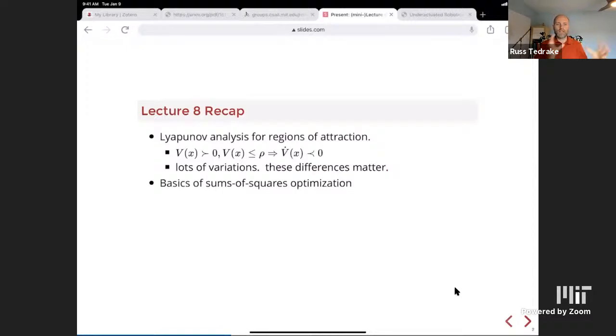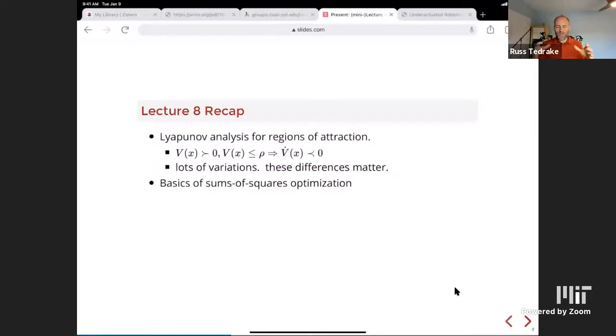Roughly in lecture 7, we were talking about global analysis with Lyapunov functions, and we developed the extra tools for regional analysis, region of attraction analysis, in lecture 8, and dug more into the sums of squares side of things. Mostly the ideas just work. It's not too much harder than the global analysis.